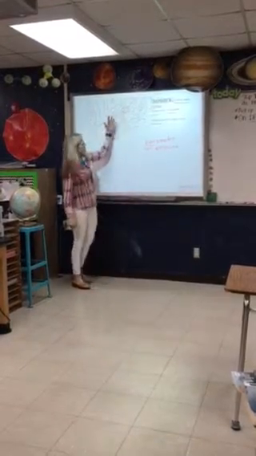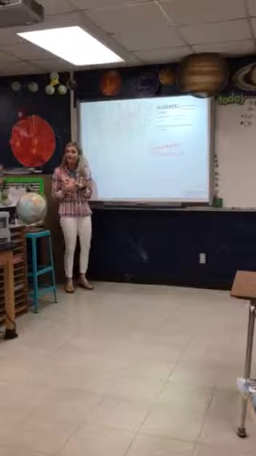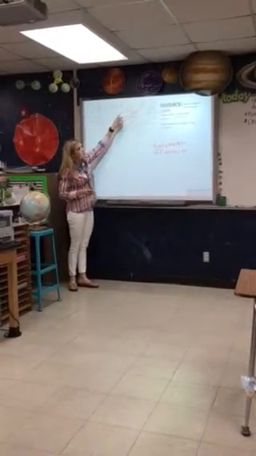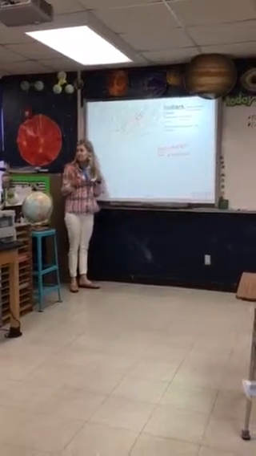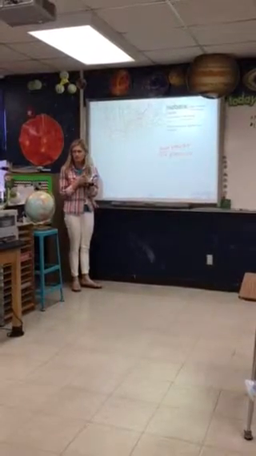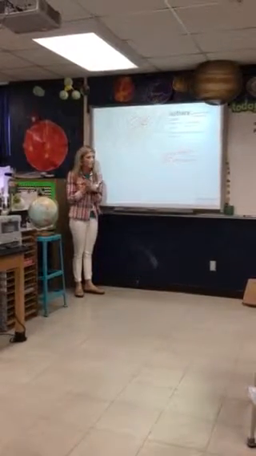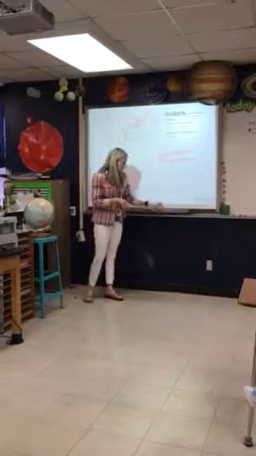So the closer the lines are together means the more change we have from high to low pressure. So that's why it's windier where the lines are closer together. So just make sure you have isobar, lines of equal air pressure, and that the closer the lines, the windier the weather is. Okay?